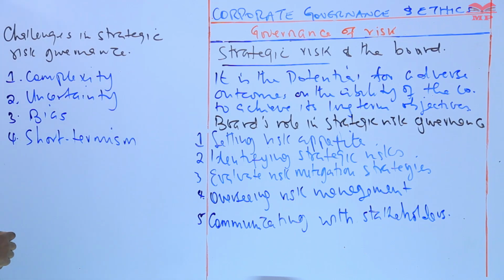Boards may focus on short-term results at the expense of long-term risk management, and that can be a challenge. So these are four challenges in strategic risk governance.